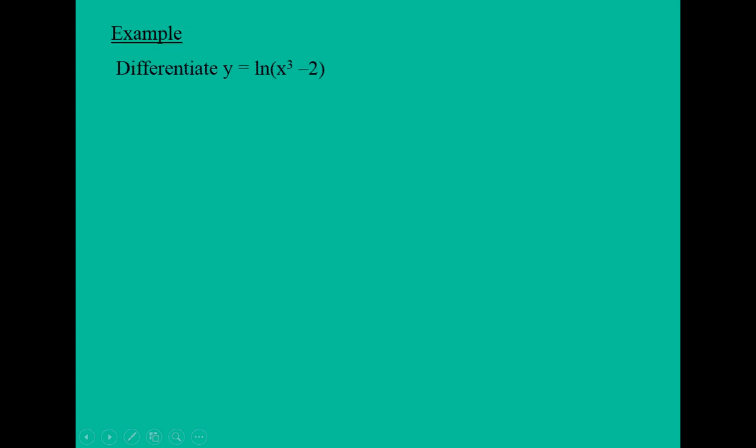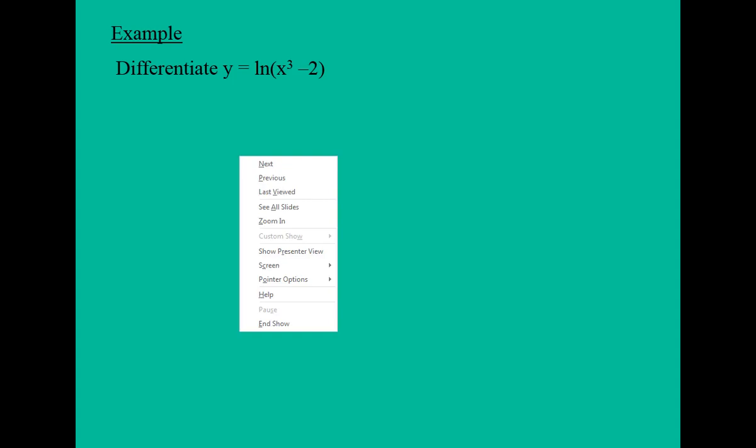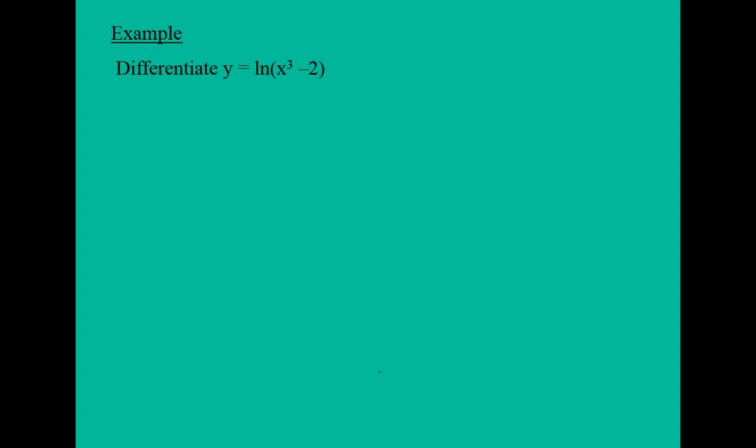An example: differentiate ln of x cubed minus 2. I'm going to show this using f of x and g of x, and then I will also show it using the other technique where we let u equal the inside function and then rewrite y in terms of u.